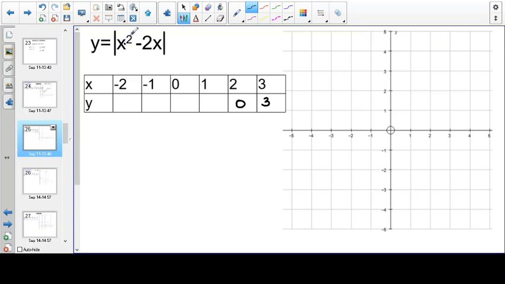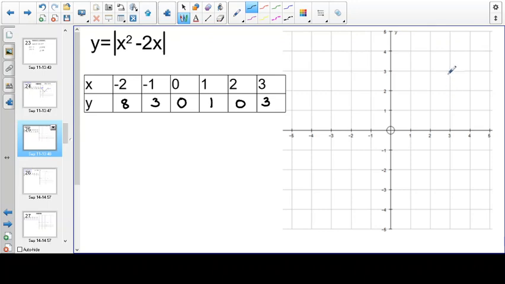When x is 1, 1 minus 2 is minus 1, the modulus of minus 1 is 1. When x is 0, 0 minus 0 is 0. When x is minus 1, 1 plus 2 is 3. When x is minus 2, 4 plus 4 is 8, modulus of 8 is 8.